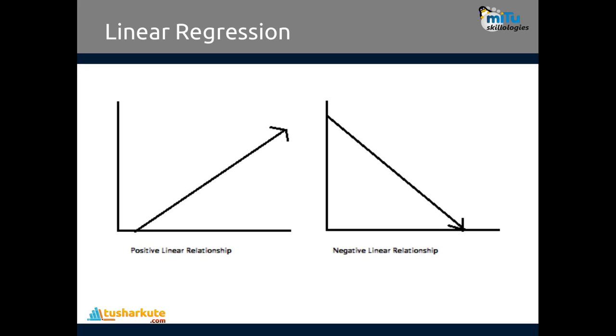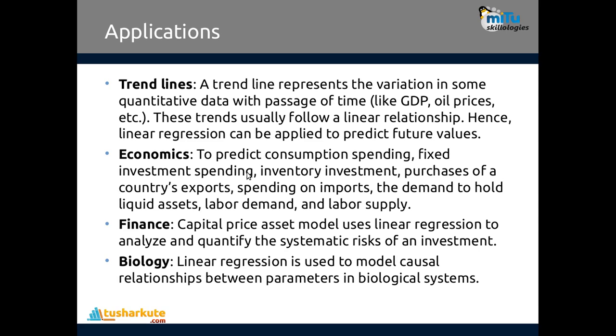There are two kinds of linear relationship available: positive and negative. In a positive relationship, when the value of x is increasing, y is also increasing. Just the inverse of that, in a negative relationship, when the value of either x or y is increasing, the other one decreases, but they are still linearly connected. The example given here comes under the positive linear relationship category.